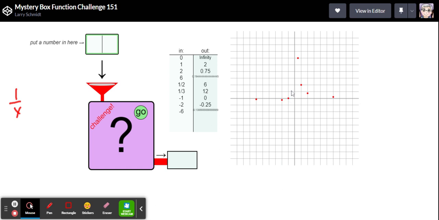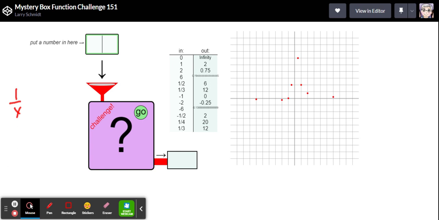Let's look in here at these negative values between 0 and -1. Okay. So, this is not quite symmetrical. Let's say 1/4. Oh, we're off the chart already. Let's try 1/3. That's off the graph as well.